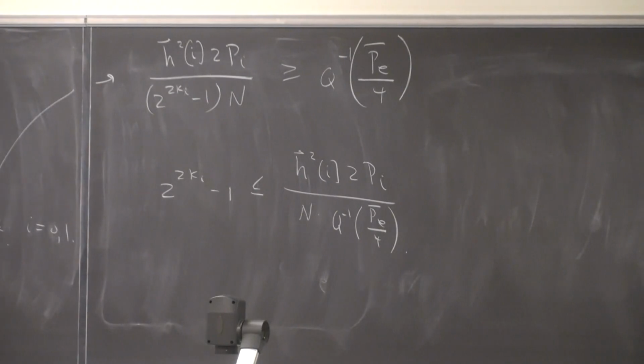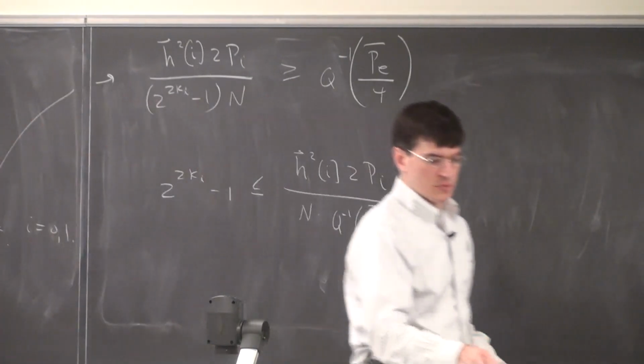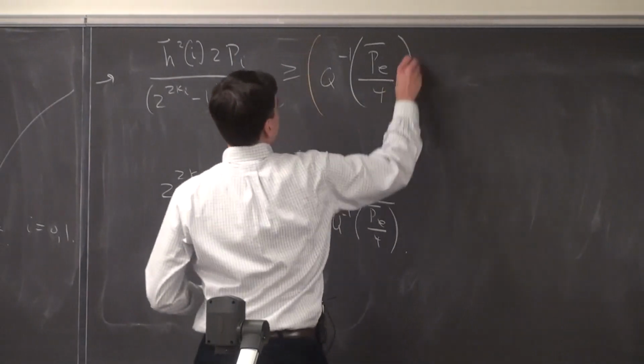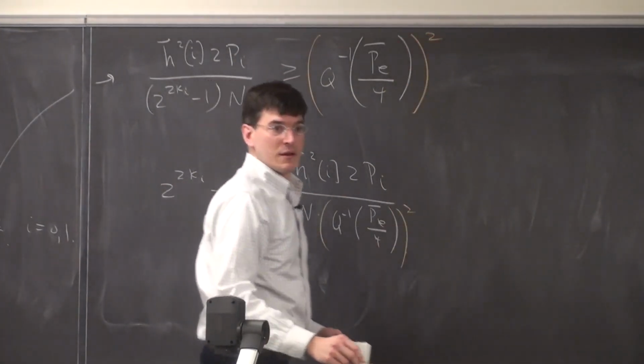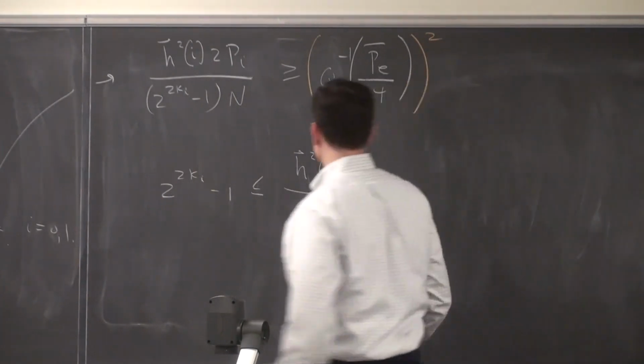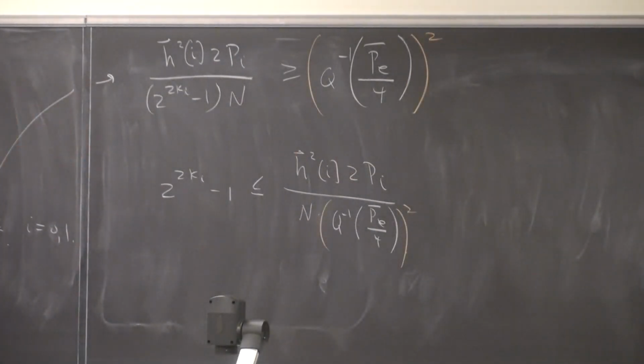Good question, yes, we need to square the Q inverse. Thank you. So that's squared, and that's squared. Divide by 2, take Q inverse, square. The inequality flips when you take Q inverse, and then rearrange.